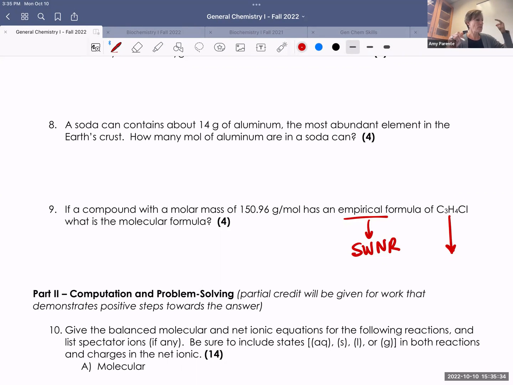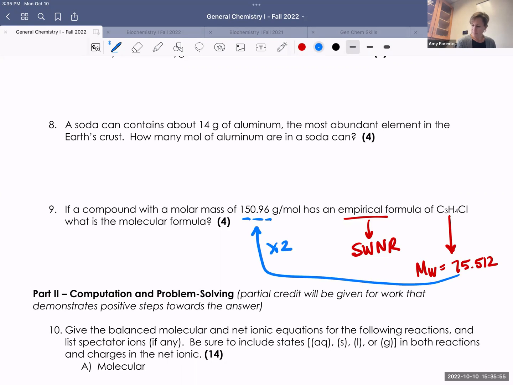But when I add up 3 carbons plus 4 hydrogens plus 1 chlorine, the molecular weight is 75.512. Now I'm comparing these, and I'm recognizing that I need to double this to get the molecular weight of that compound.